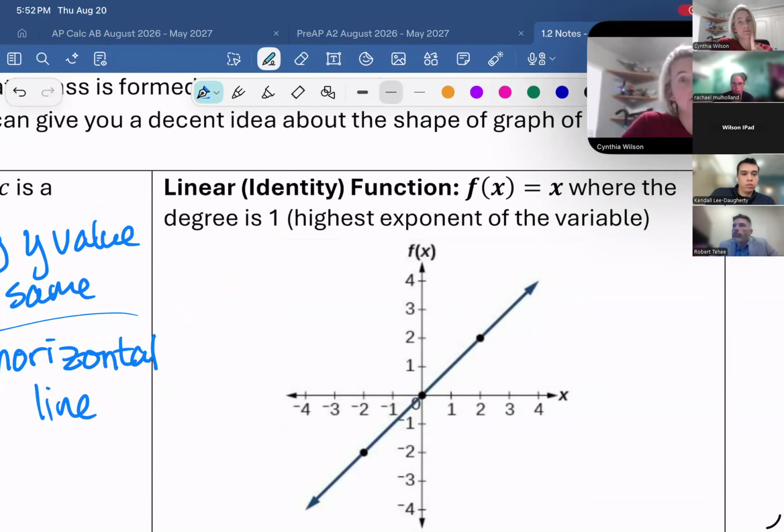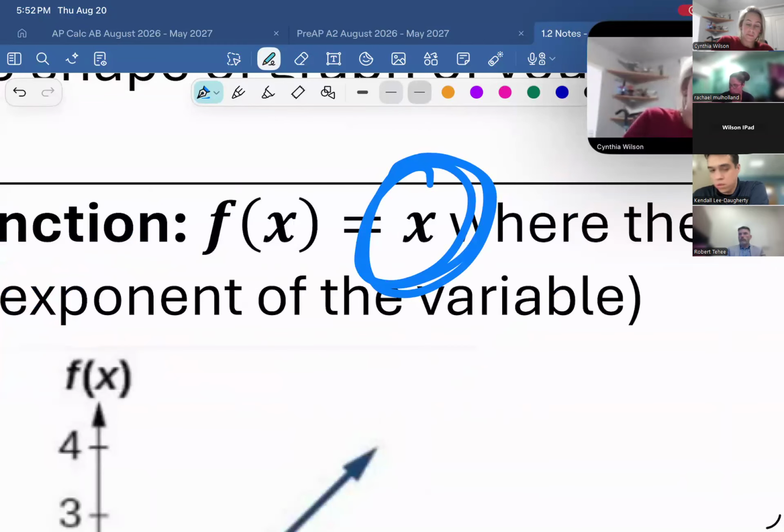And the key feature, so I want you to circle that X. In a linear function, the highest degree is a 1. All right, so in this little bitty X, it doesn't look like there's an exponent, but there's always an understood one, and that is a 1. So you're not going to see any exponents other than the understood exponent 1.